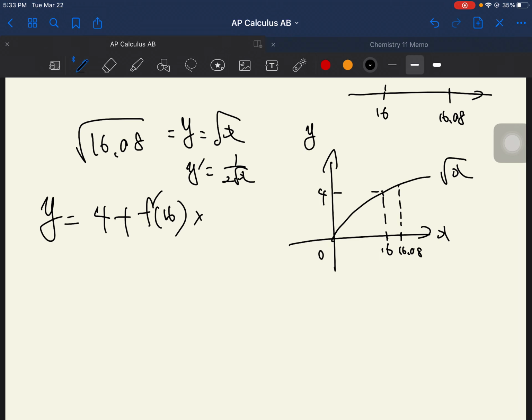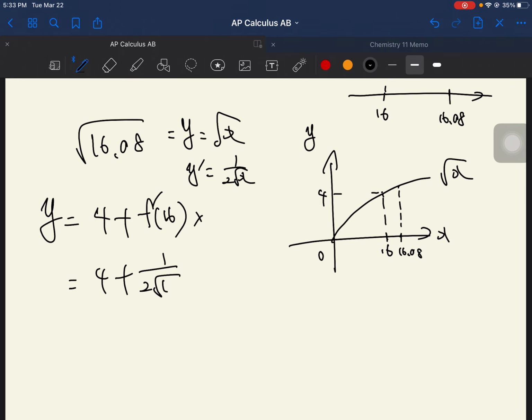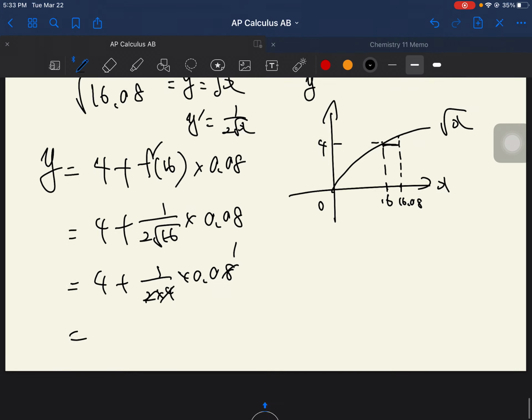So it is 4 plus 1 over 2 square root of 16 times the x change here, which is 0.08. So 4 plus 1 over 2 times 4 times 0.08, which is 0.01.